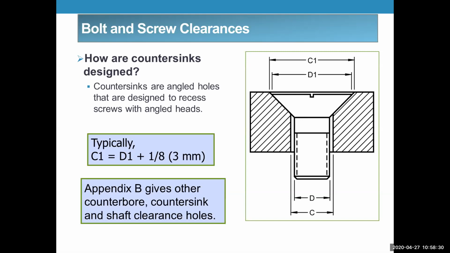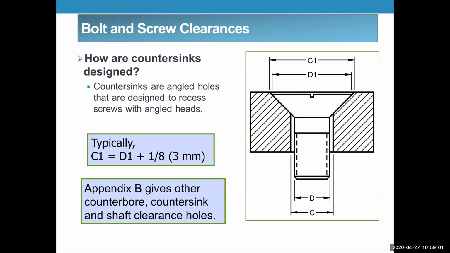And a countersink there is just an edge breaker countersink. And then there is nothing for countersinks in the book. You basically have to use the formula that's on the slide here.